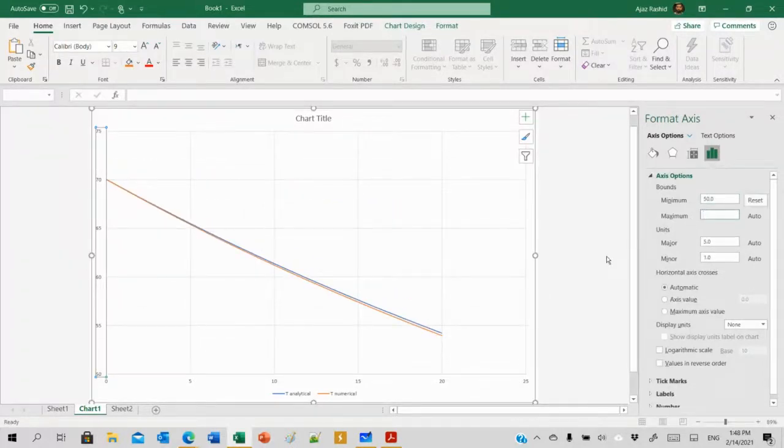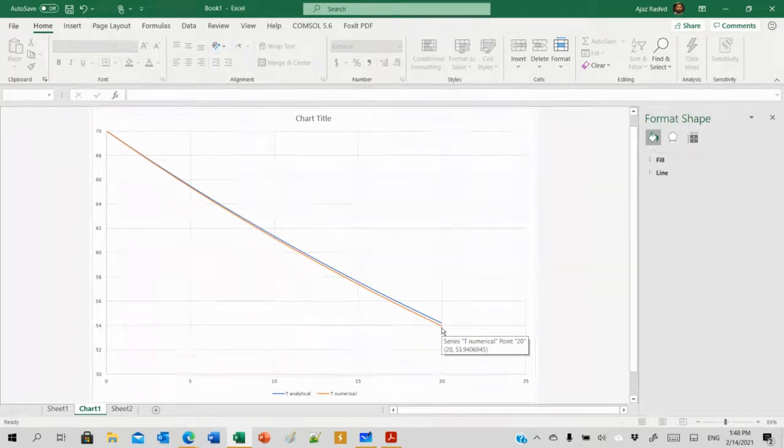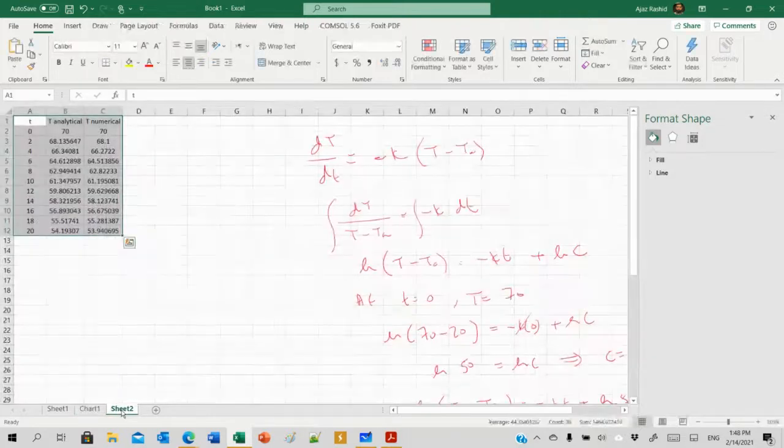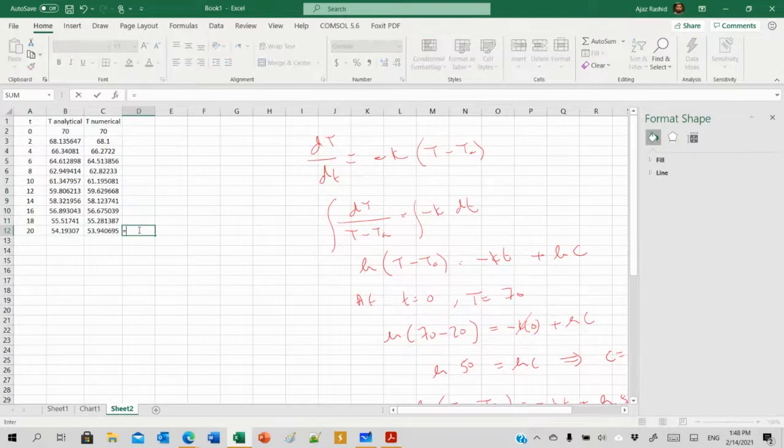So we can see the difference there is not very big, just a small difference between the two values that we get, as we can see here. Just a difference of 0.25 Celsius. That's all that we have as the difference between the two values.